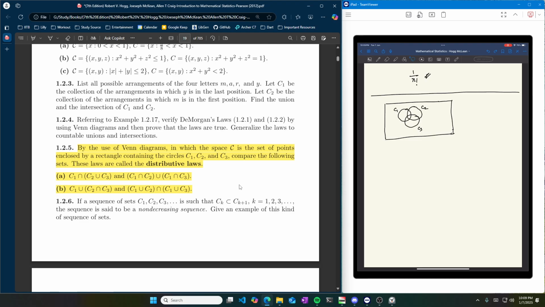It is essentially this portion, right? And if we union C1 with this, then it would become this whole space, right?